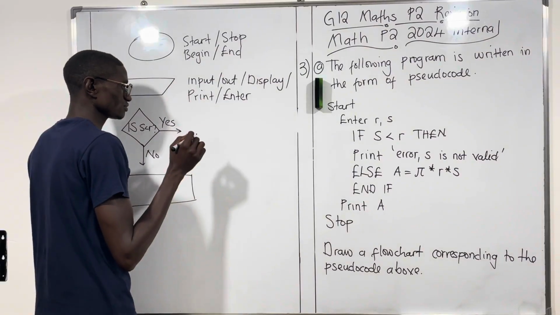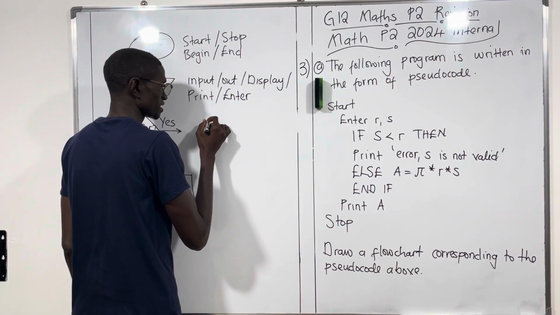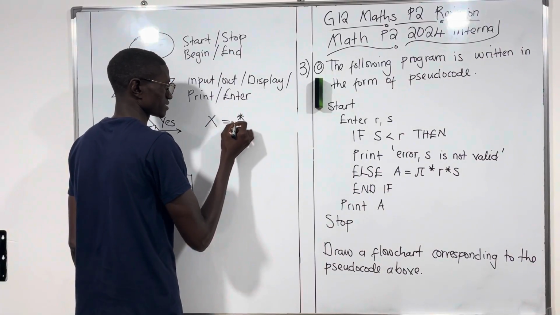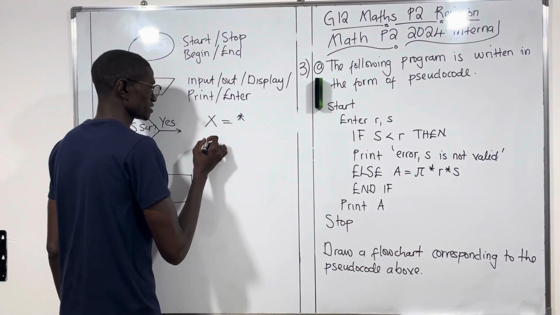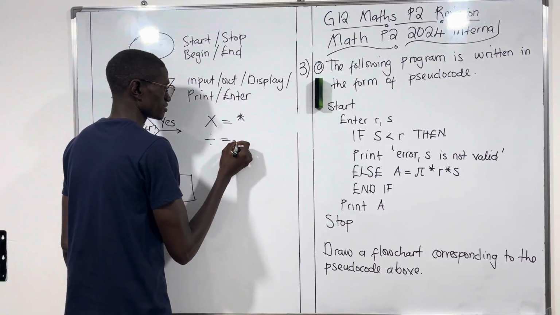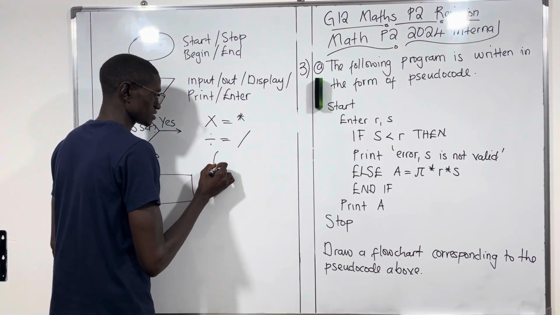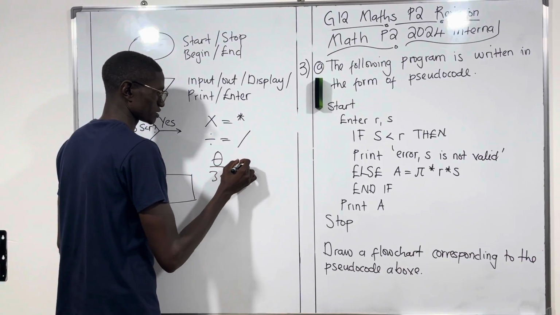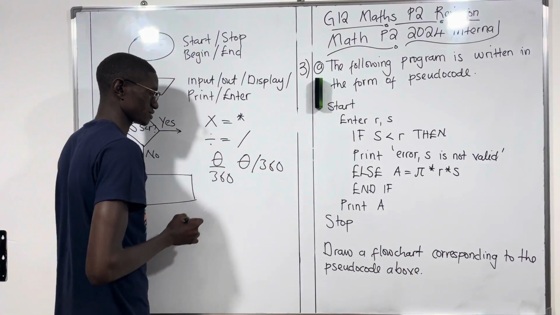So when you are dealing with a flowchart, multiplication, times, is represented by an asterisk, a star, and division is represented by a forward slash. If you want to write theta divided by 360, you write it as theta forward slash 360.